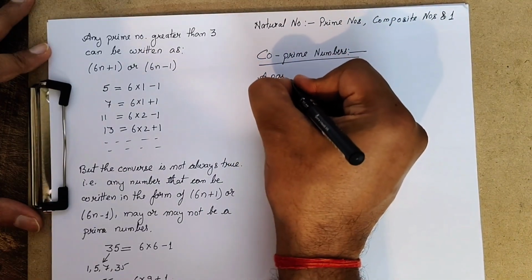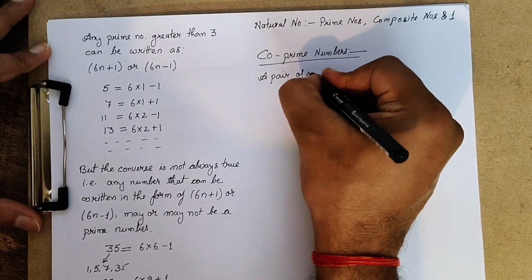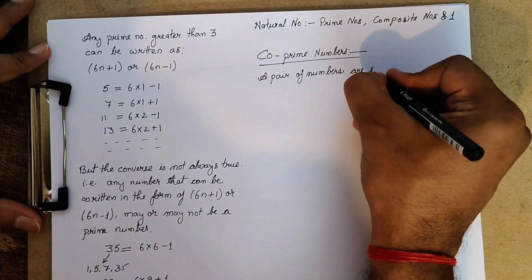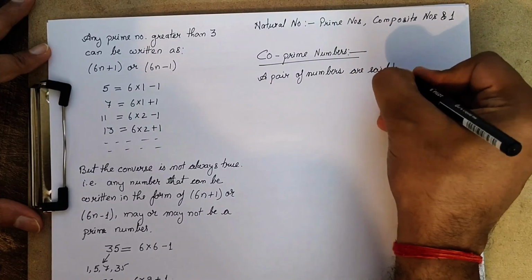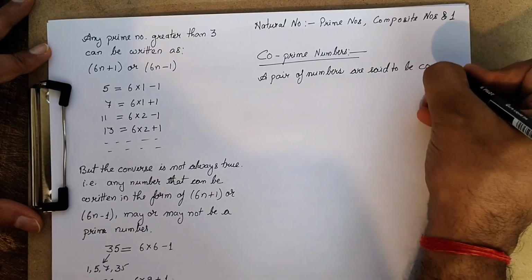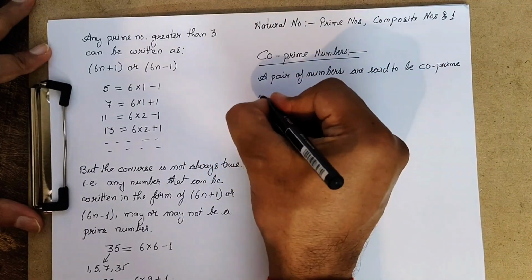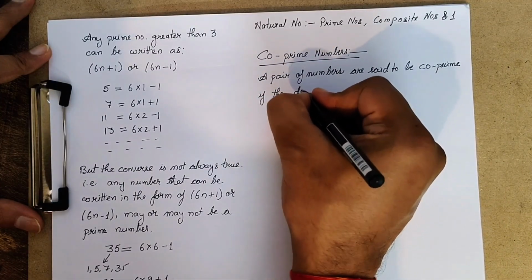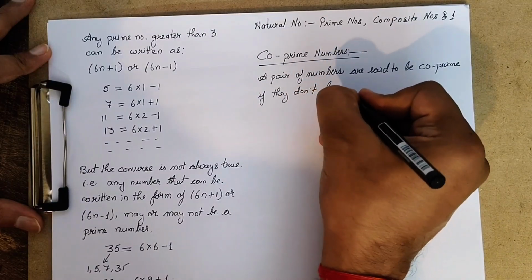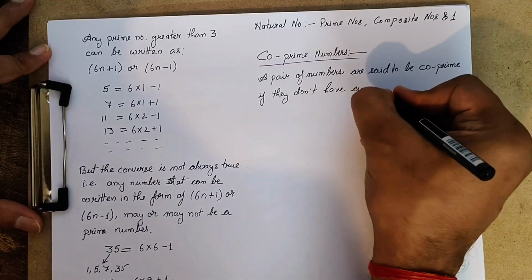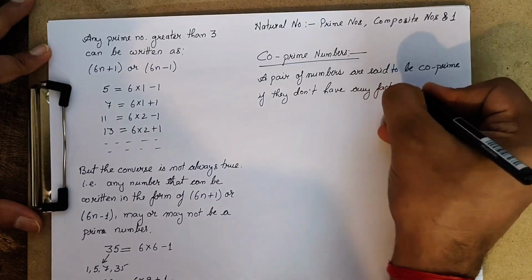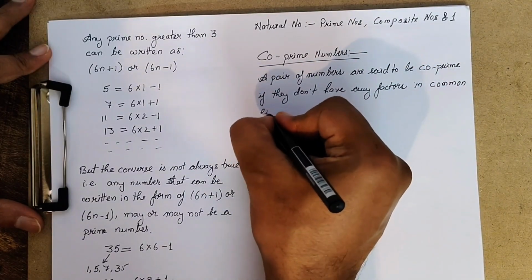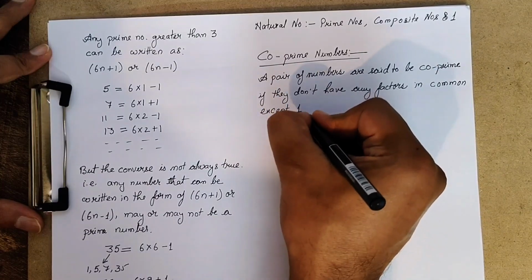A pair of numbers are said to be co-prime if they don't have any factors in common, obviously except 1, because 1 is a factor of all the numbers.